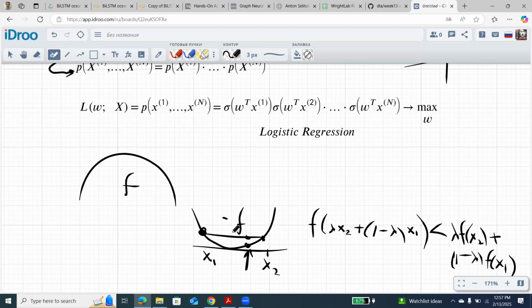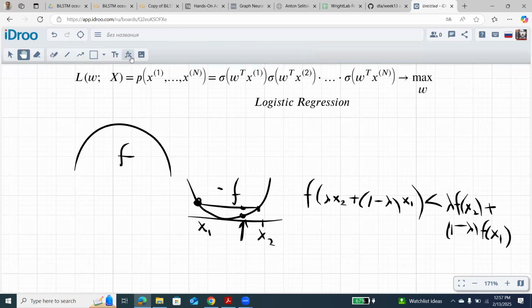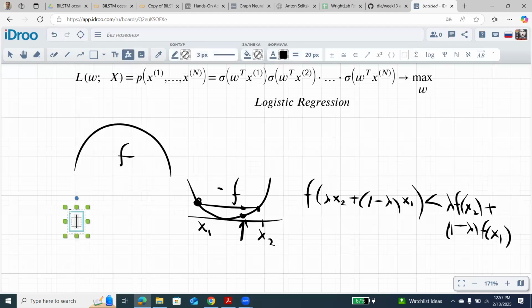So the second idea, if we want to maximize or minimize, it doesn't matter, a function. If we want to maximize a function, it's the same as maximization of the logarithm of this function.